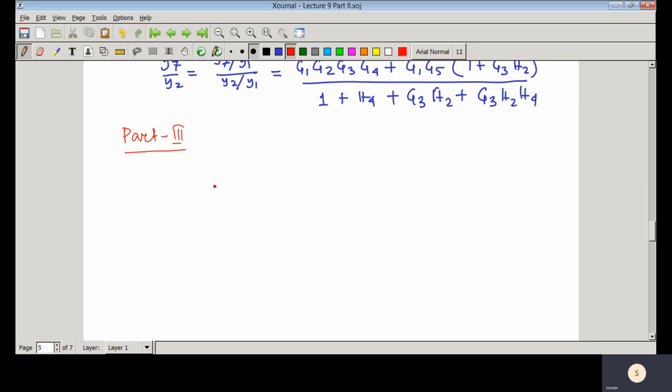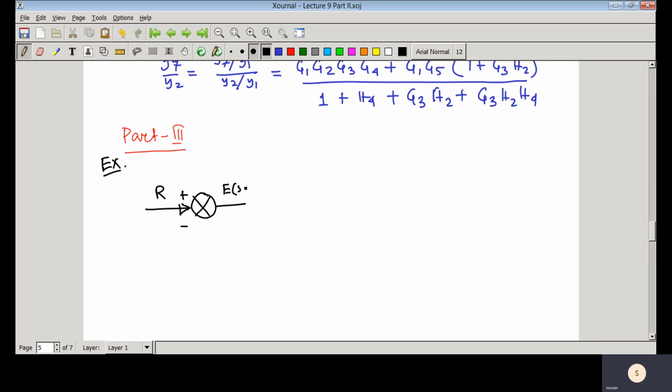So here we take one block diagram. This is one example. This is plus, this is minus.